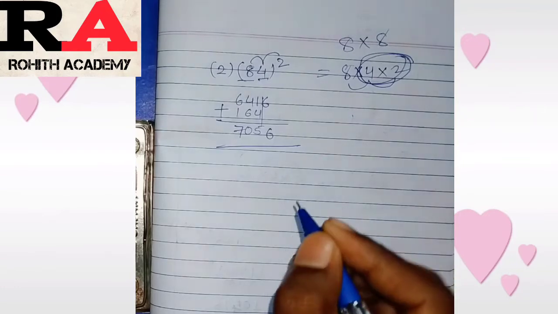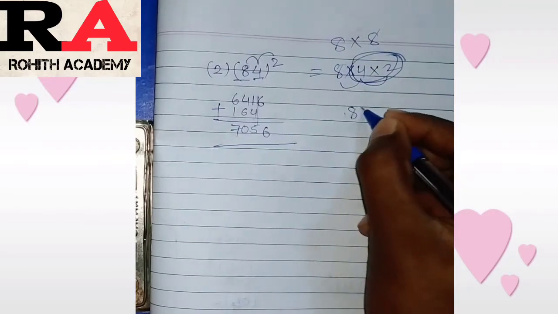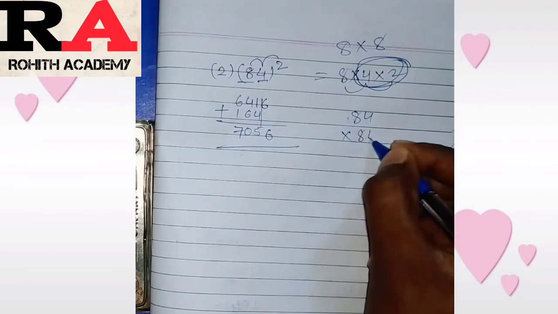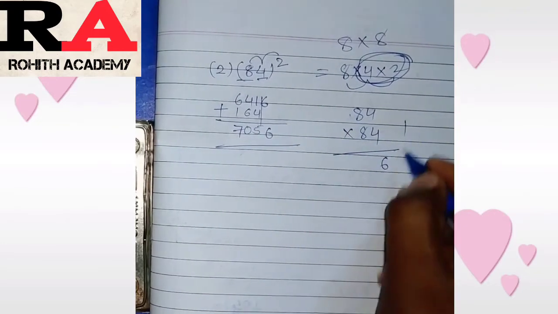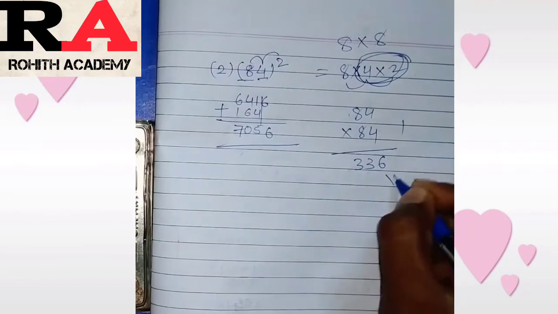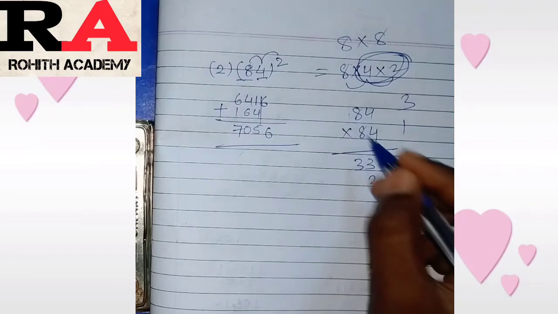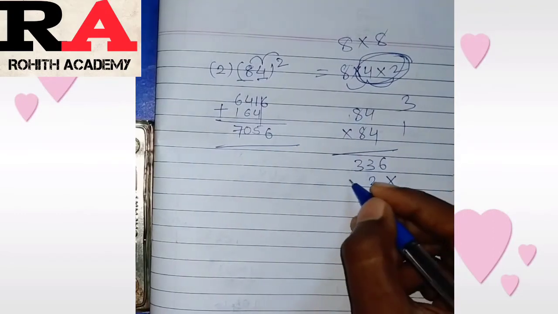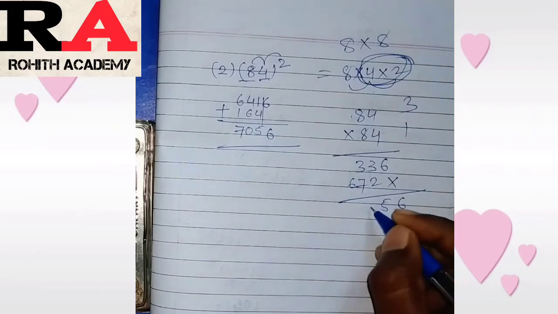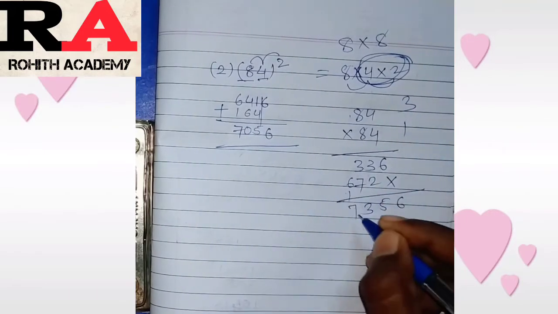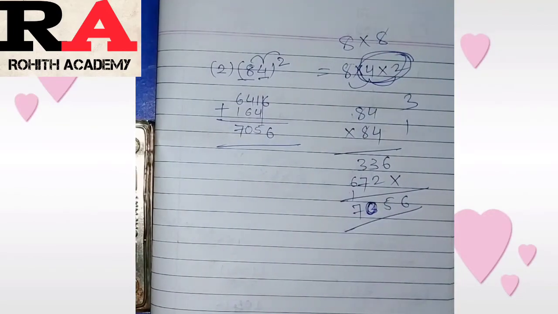I will prove whether the answer is correct or not. 84 into 84. 4 fours are 16. 4 eights are 32 plus 1 is 33. 8 fours are 32, 3 carry. 8 eights are 64 plus 3 is 67. Adding, we get 7056.